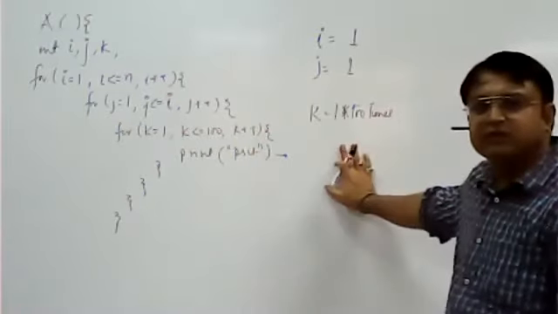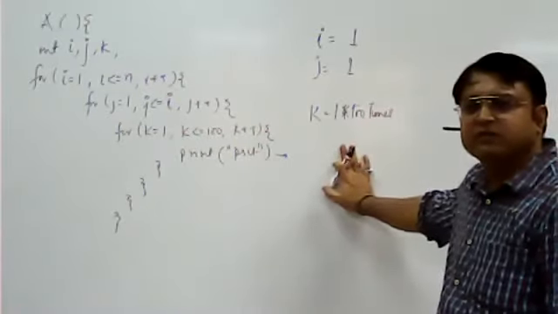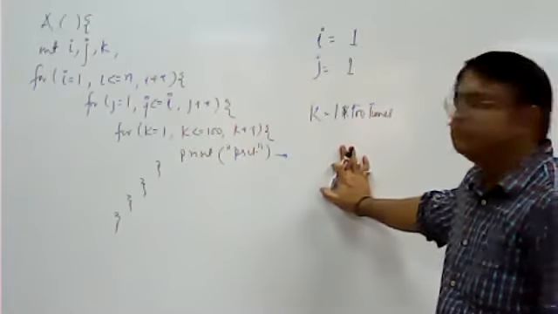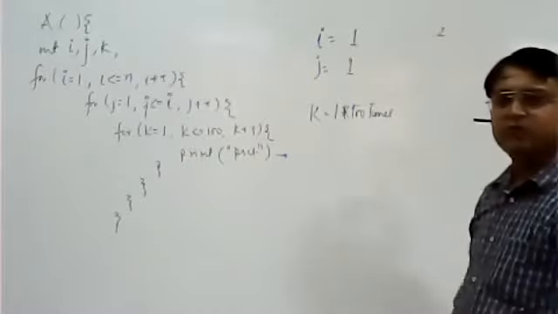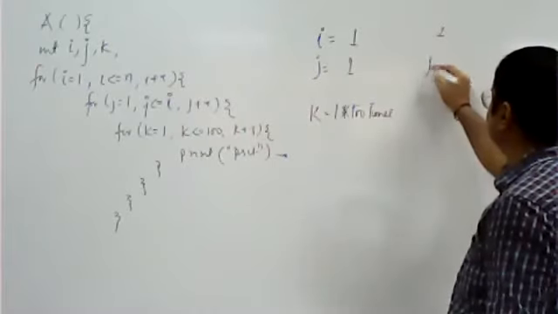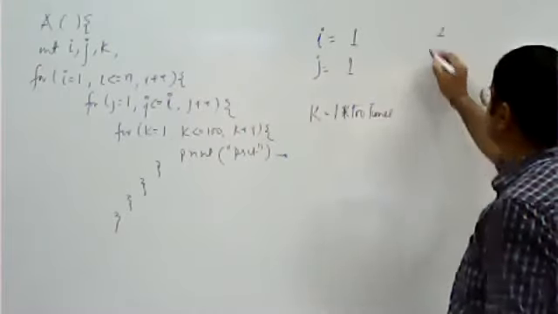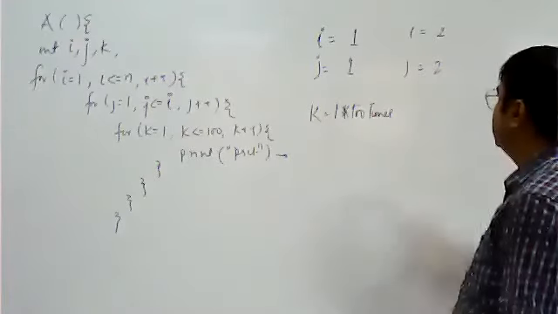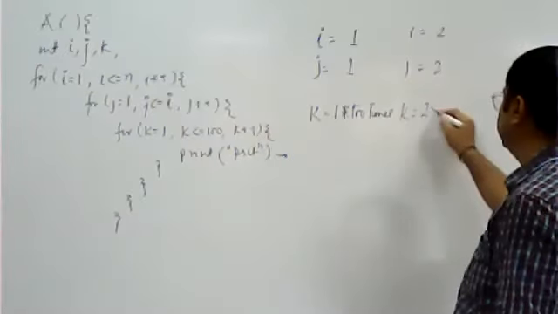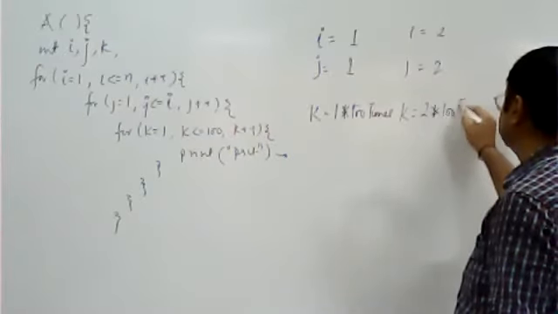Is this clear? Yes, sir. Now i will be equal to 2. j will be equal to 2, and k will run 200 times.